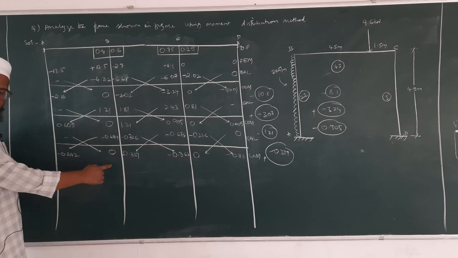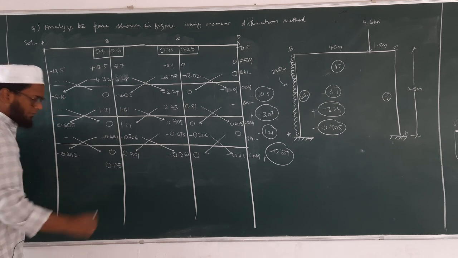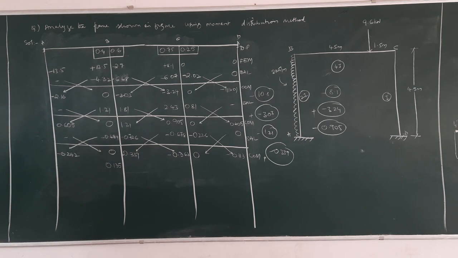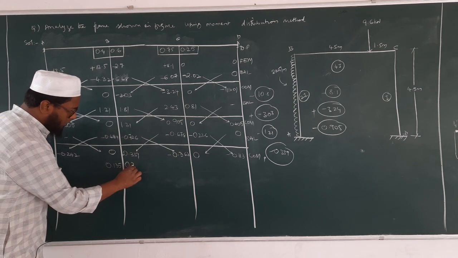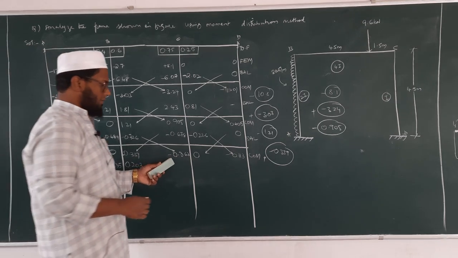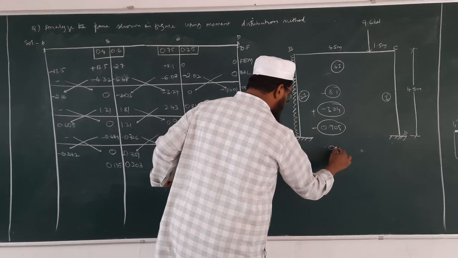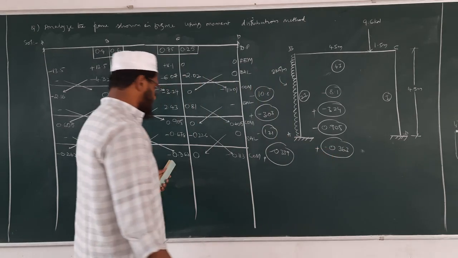This one? Yes, 0.135. Okay. Next, 0.203. Next here it is minus 0.363. It is minus, so we'll make it plus.